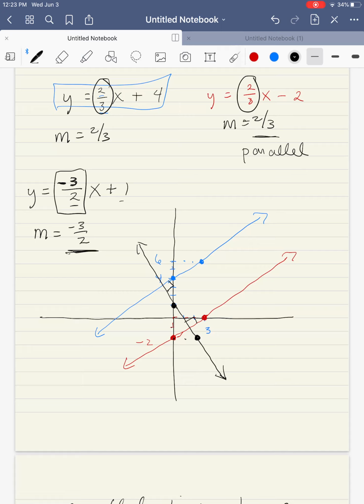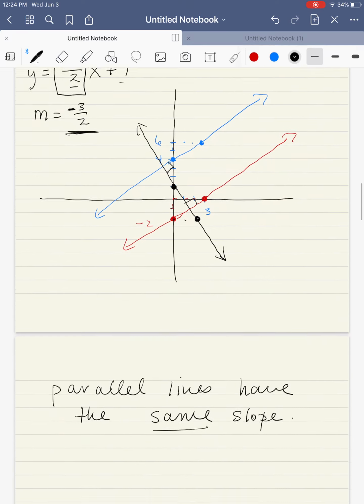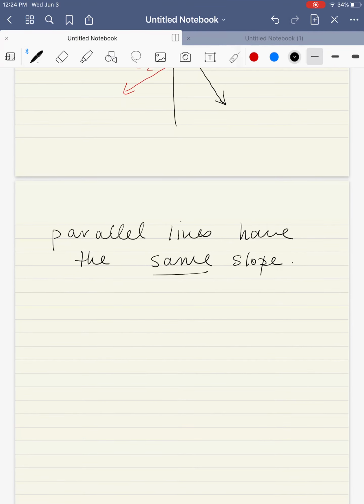Notice the relationship between the number -3/2 to the number 2/3. I have flipped the fraction over, that's called a reciprocal, and I have also changed the sign. If this was positive, then this would be negative.